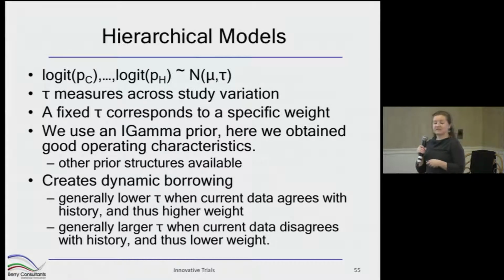But if we see that there's agreement between our two studies, then we start to increase our borrowing. So that creates what we call dynamic borrowing. The degree of borrowing is not pre-specified in advance; rather, the model is pre-specified in advance. Then as we accumulate the data, we estimate that variability, and the model determines how much we borrow, and it assesses that drift. So I think we've talked about that.